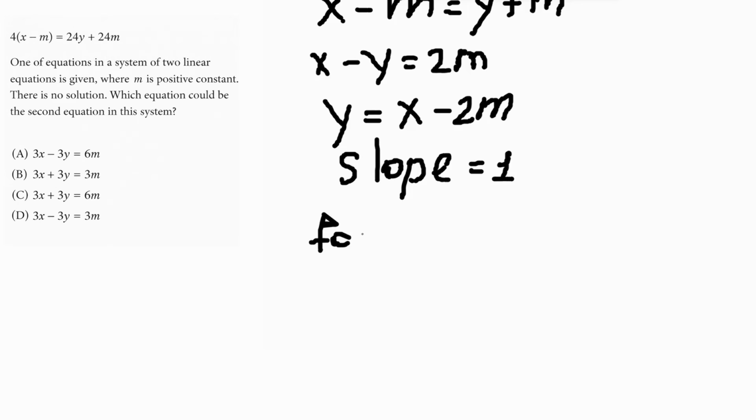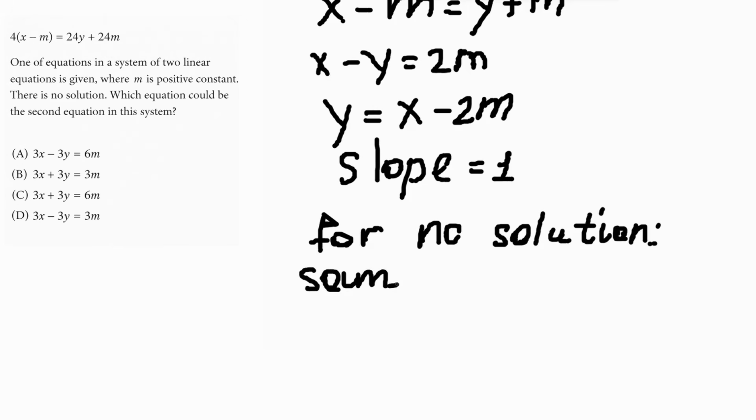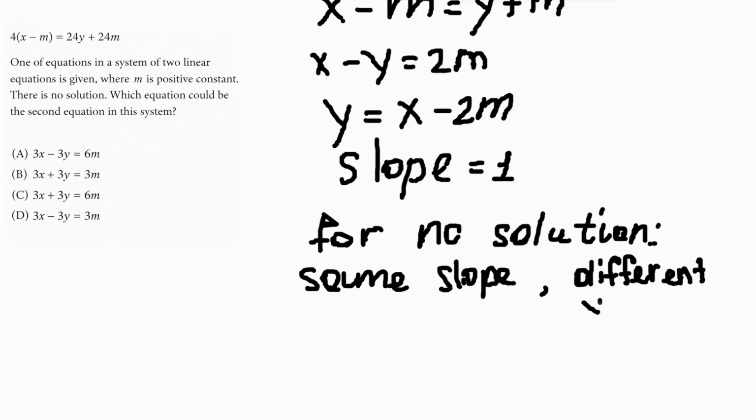So after that, the question is asking us for no solution. For no solution, we should have the same slope, but different y-intercept. That's the most important thing. And if you look at the choices, choice D only matches this. So the correct answer is choice D, because the slope is 1.